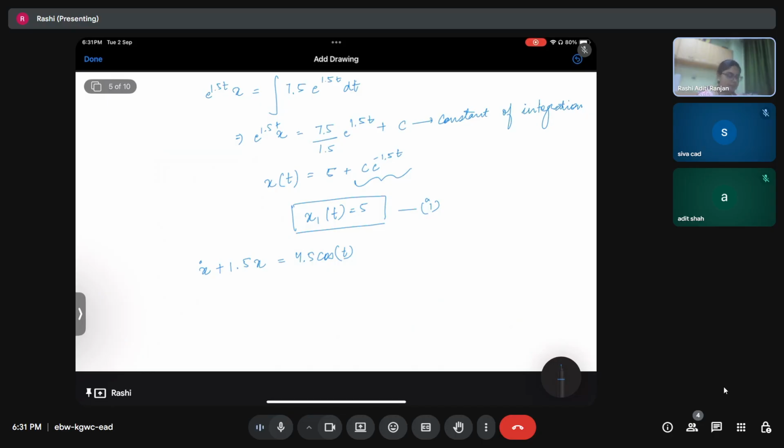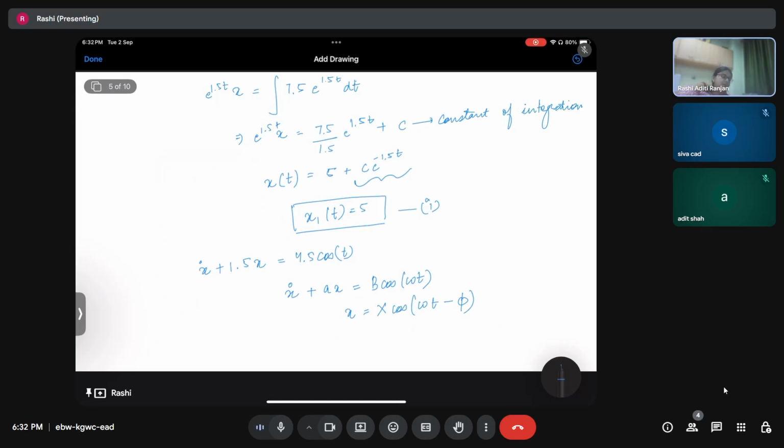If I have an equation of the form x dot plus ax is equal to b cos of omega t, then its solution is written as x is equal to capital X cos of omega t minus phi, where capital X is going to be the amplitude and phi is going to be the phase difference, right?